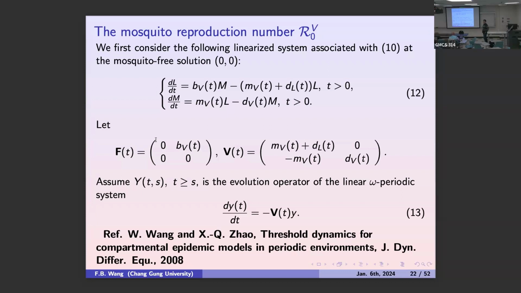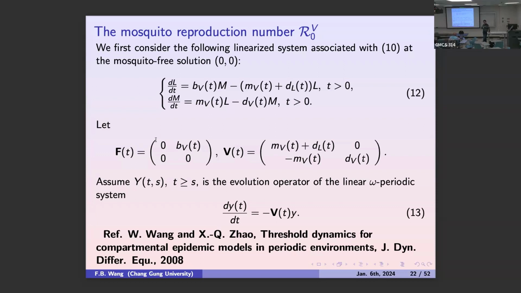And now we want to study the so-called reproduction number. After COVID, I think everyone will understand the reproduction number, right? Now we want to study the mosquito reproduction number. We linearize the mosquito equation at the trivial solution, then we obtain the linear system.